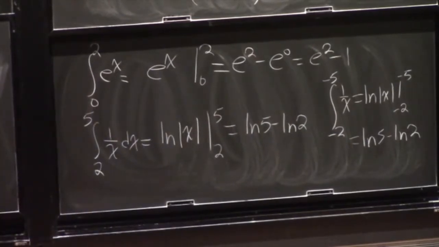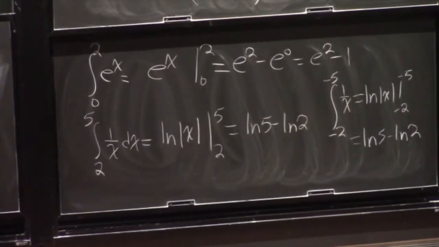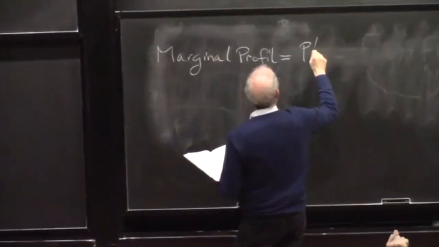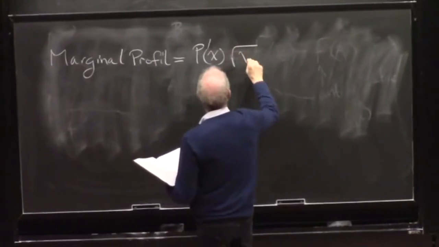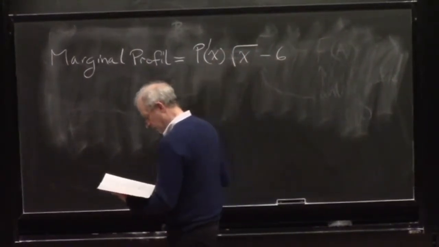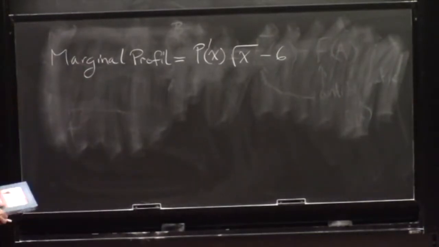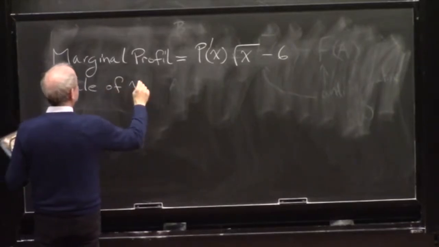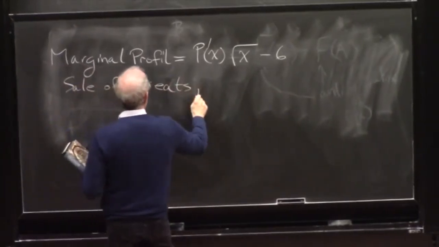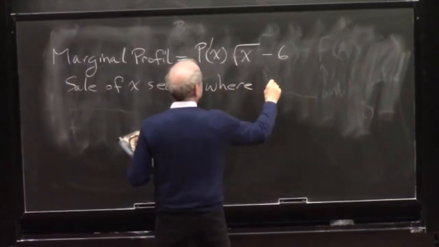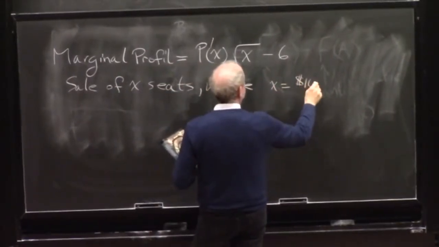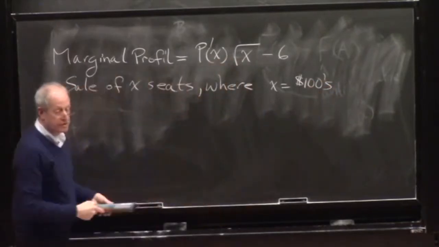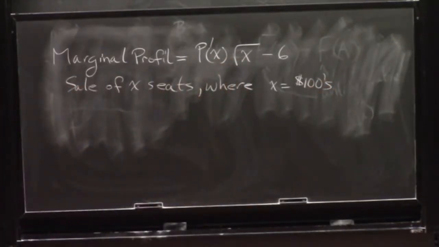All right. Suppose we are told that the marginal profit is P prime of x, the square root of x minus 6. And this is for the sale of x seats on our jet, where P is in hundreds of dollars. Okay? So when x is 5, it means 500, not 5.